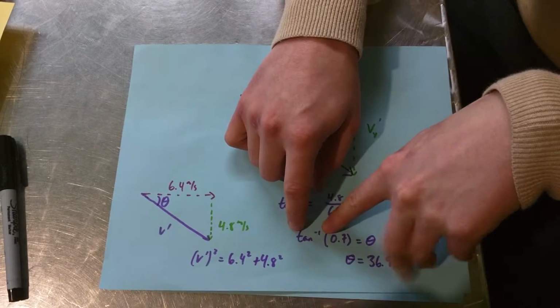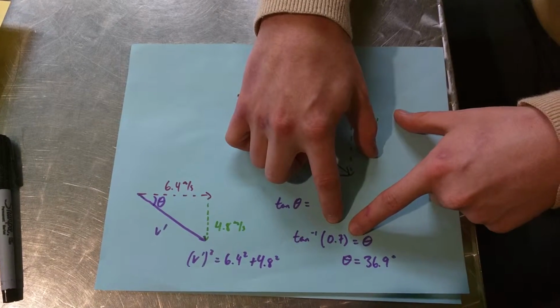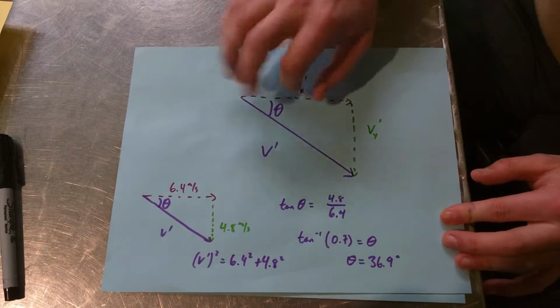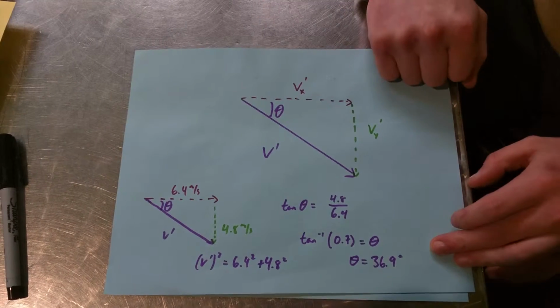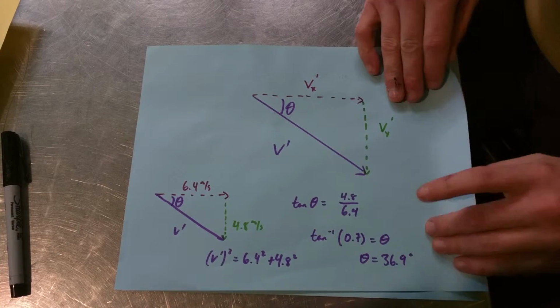Hopefully you've seen that before on your graphing calculator. You put in 0.75 and it gives you the angle. So this ball is going off at an angle of 36.9 degrees. That is problem 20. Hope this helps. Bye.